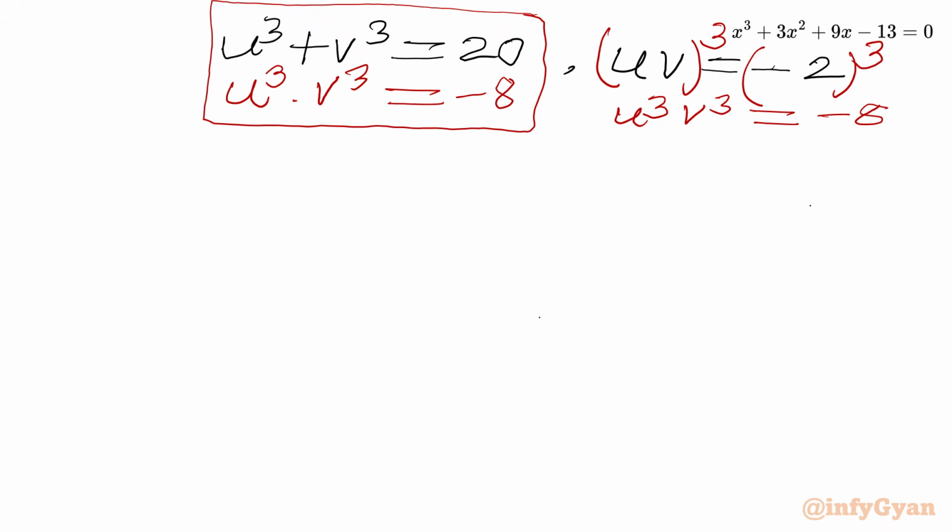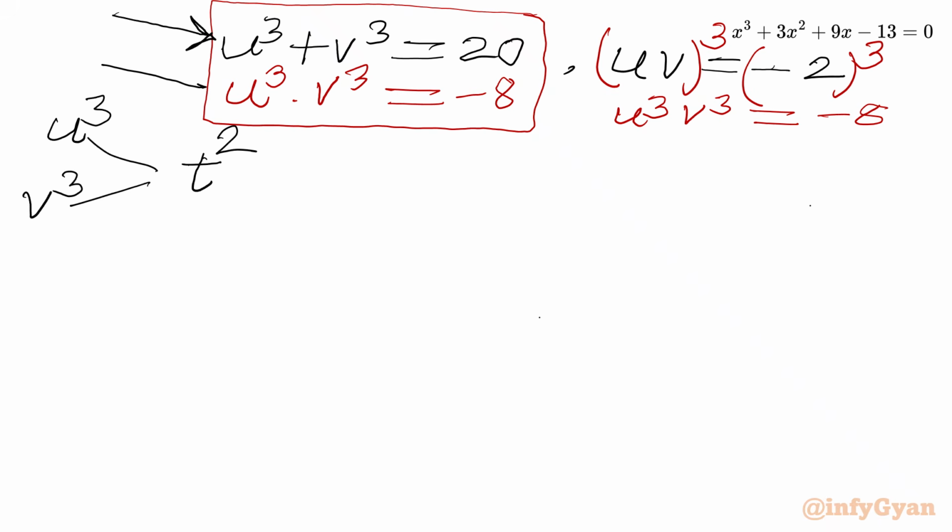We can think about one quadratic equation in variable t whose roots are u cube and v cube. Since we have the sum of roots and the product of roots, we can frame the quadratic: t square minus the sum of roots, which is 20 over here, times variable t, plus the product of roots, from equation 2, it is minus 8, equal to 0.